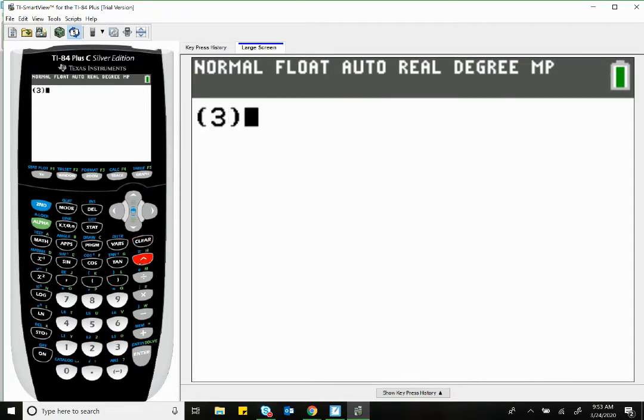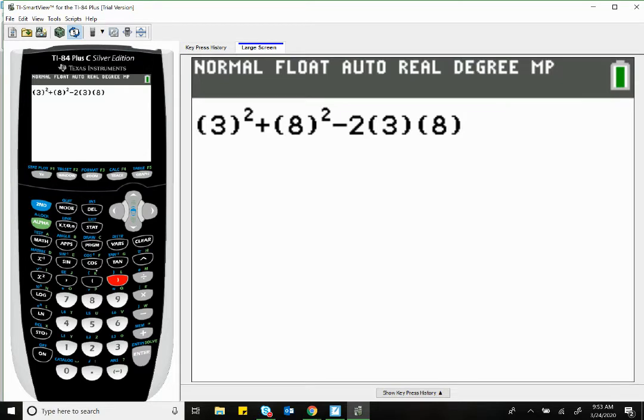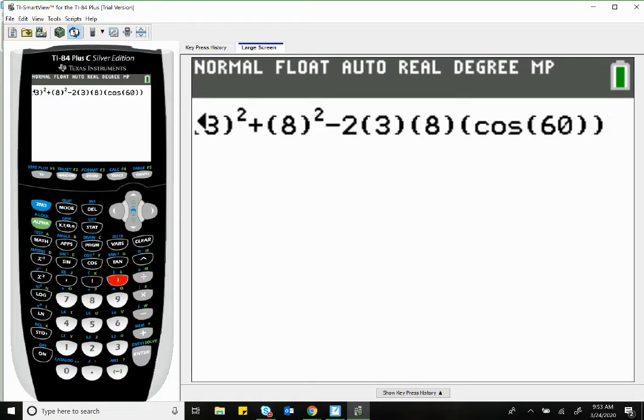So 3 squared plus 8 squared minus 2 times 3 times 8 times cosine 60. And make sure that you are in degrees. My calculator is in degrees.